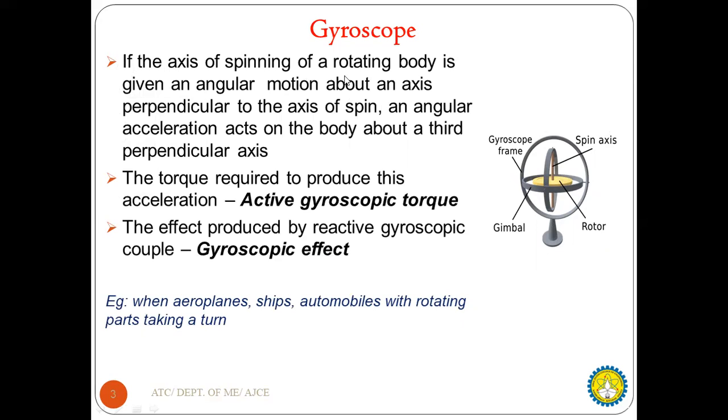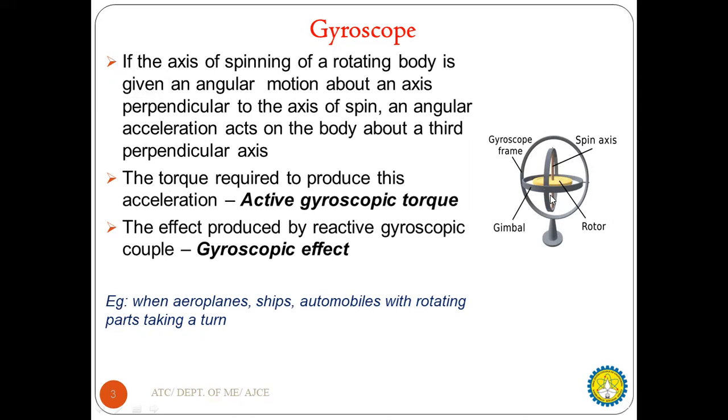If the axis of spinning of a rotating body is given an angular motion about an axis perpendicular to the axis of spin, an angular acceleration acts on the body about a third perpendicular axis. What does it mean? Here we have a disk rotating about this axis.